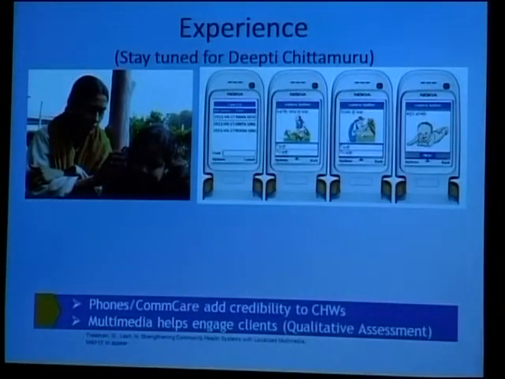Next steps of that work are to try positive feedback and other kinds of variations to encourage other things besides just missed visits, like enrolling more people, and to try other methods besides just reminders and alerts to supervisors to see how you could improve performance. We believe a really significant component of all this is the experience for the community health worker and the client.